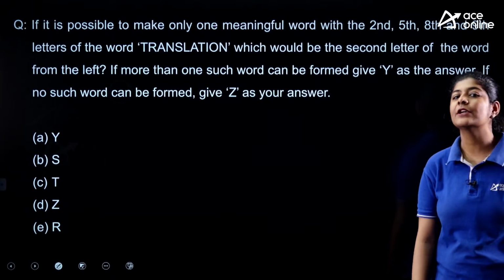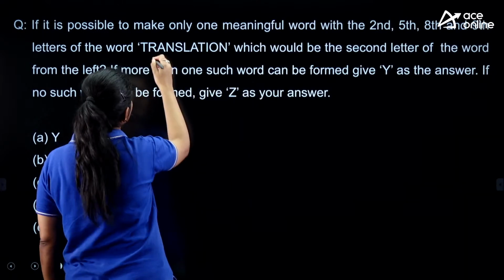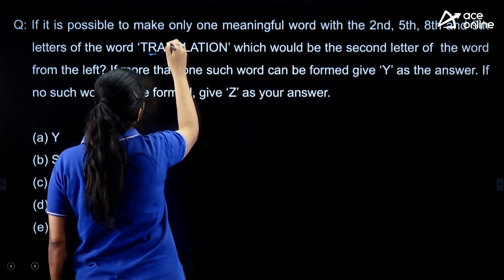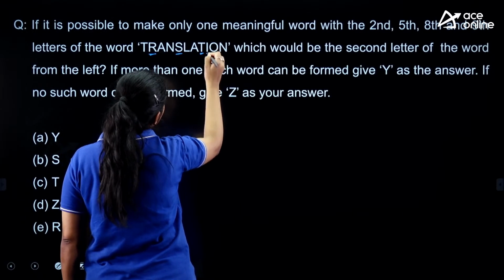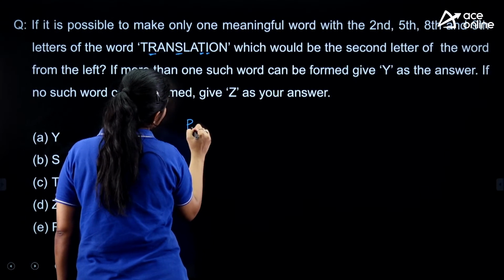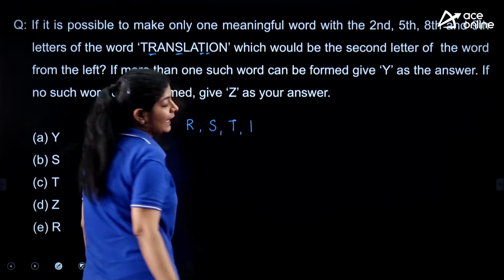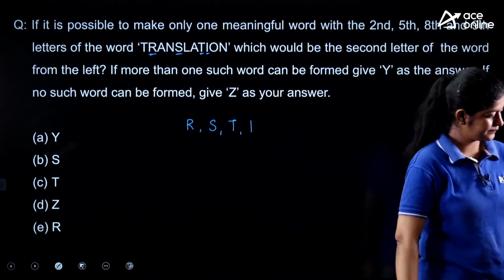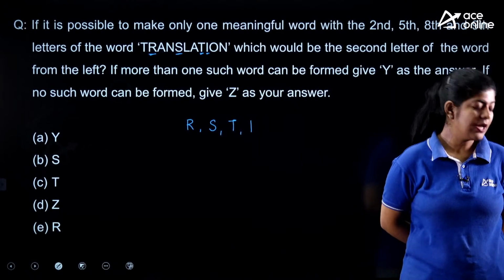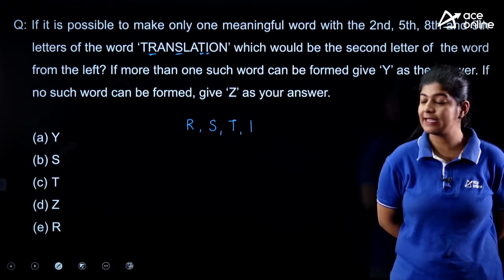Now just try to make meaningful words with this. So here we need to take the second, fifth, eighth and ninth letters, which are R, S, T, I. How many words can we make? If we can make multiple words, we give Y as the answer.